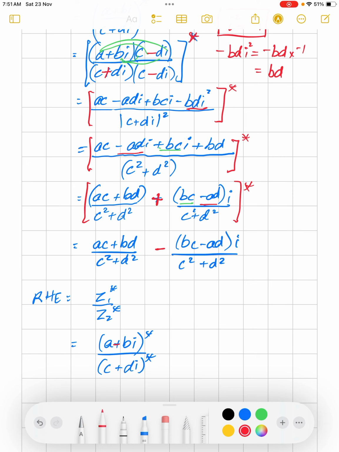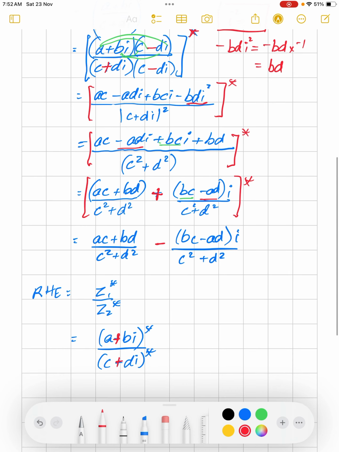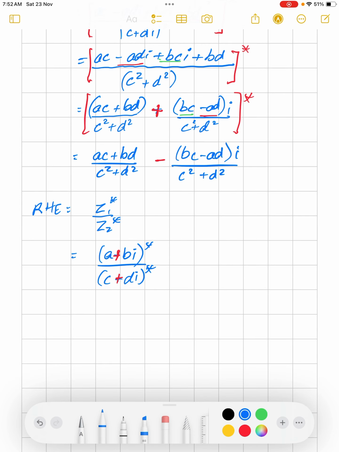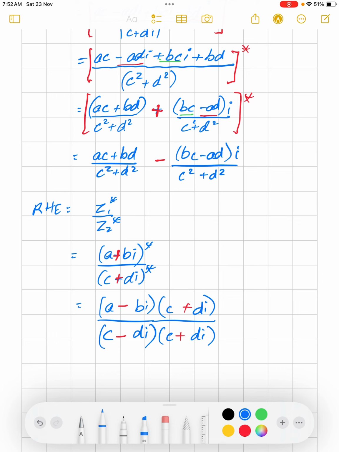Well, the conjugate, we simply take the plus and present a minus, so the conjugate would have a minus, and instead of C plus DI, it's C minus DI. All right, well, let's get rid of our imaginary part on the denominator by multiplying by its conjugate, and since it's C minus, we put a plus. That will be C plus DI, C plus DI.